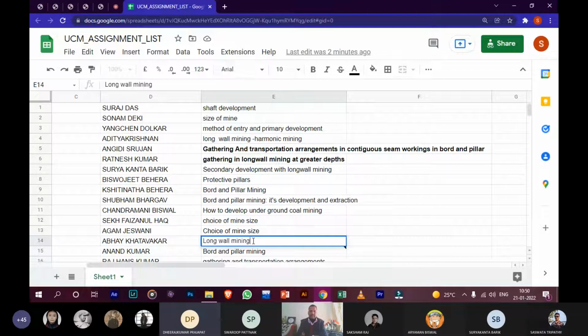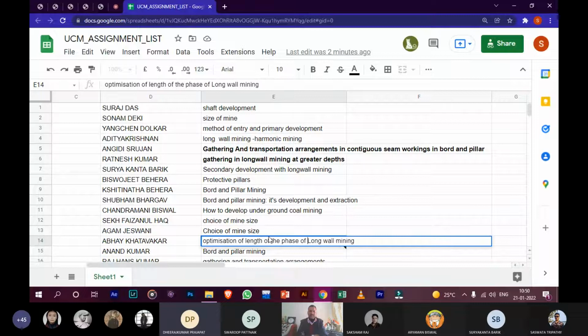In that you write, you will be working on optimum length of longwall face. Don't strike whatever is written. Keep what is there. Then you write in that longwall mining, his topic is on the optimization of length of the face. Some other people will be working on different topics.